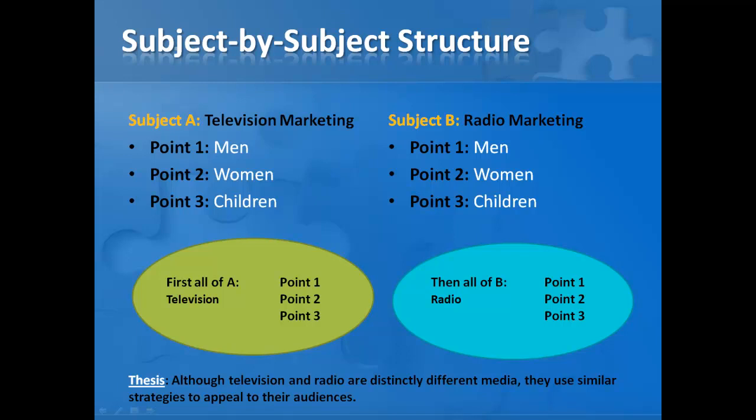All right, let's take a look at the greenish colored circle here. First of all, A, television. So in a subject by subject structure, you're going to talk about all of A first. All of A. Men, women, children, television marketing, you talk about all of that first.